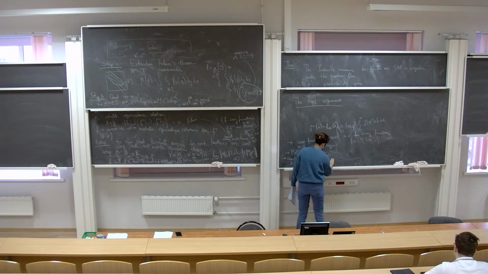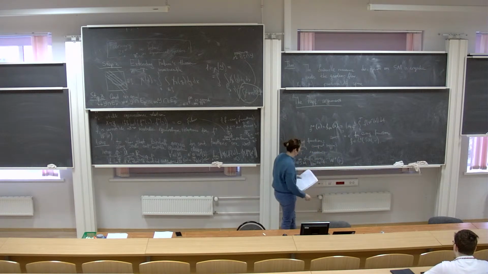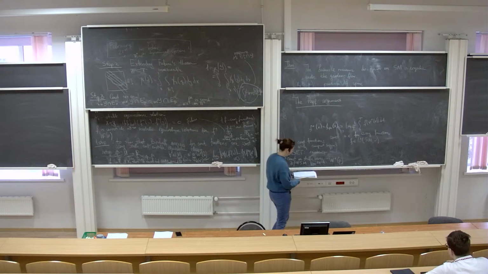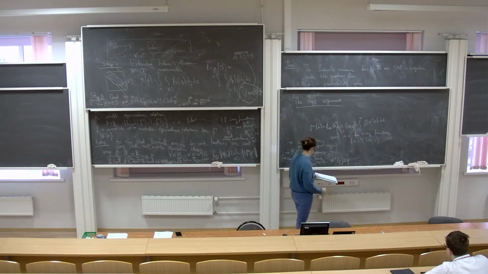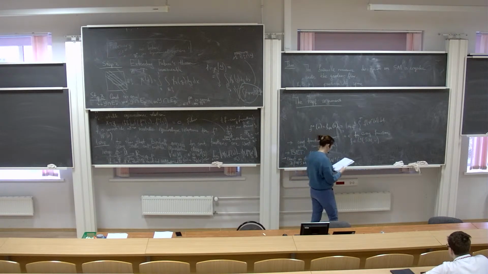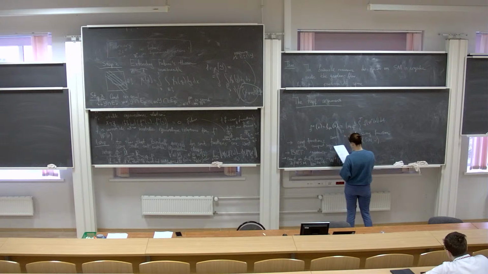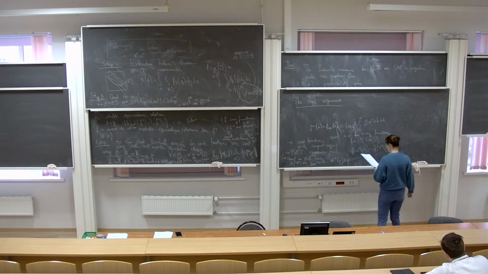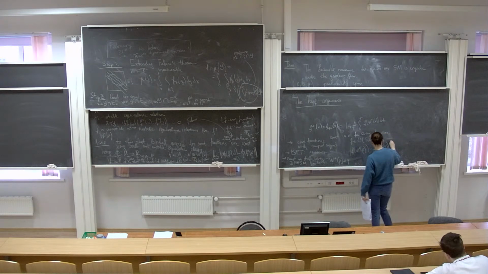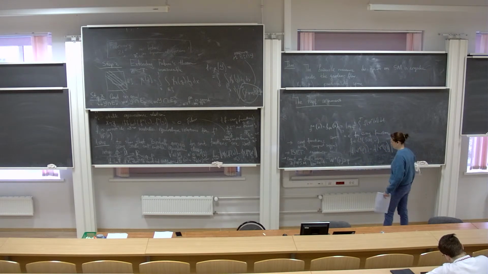Now we consider the stable manifold containing this point, and we check that for any q in this stable manifold it also exists. Because what can we say? We consider f of phi t of p minus f of phi t of q, and we say that starting from some moment this thing should be smaller than epsilon for sufficiently large t.